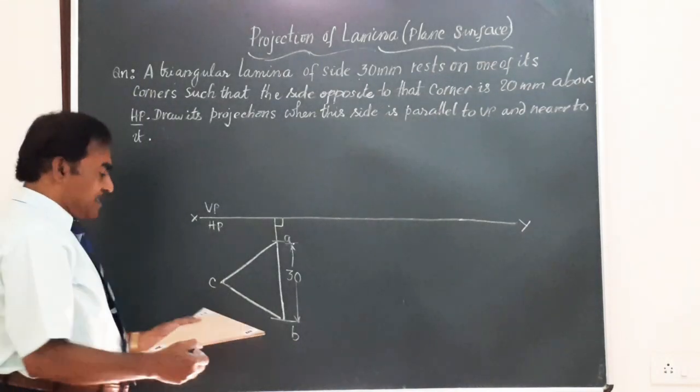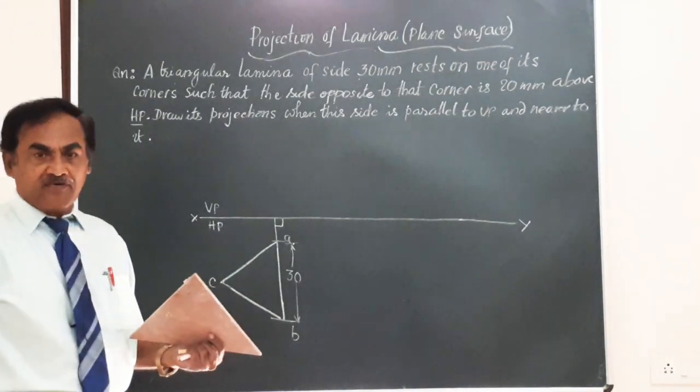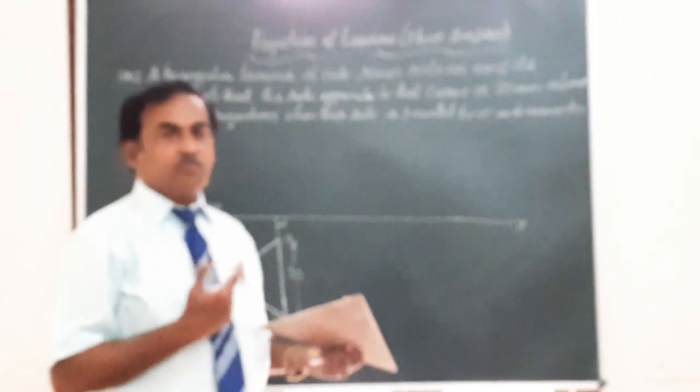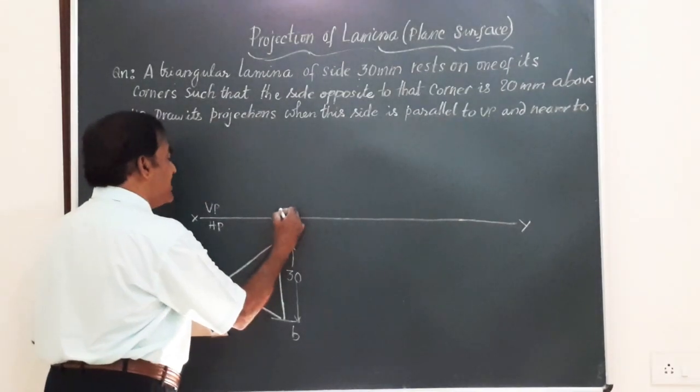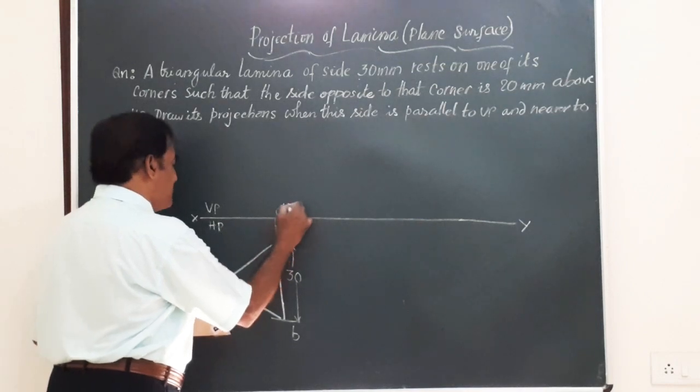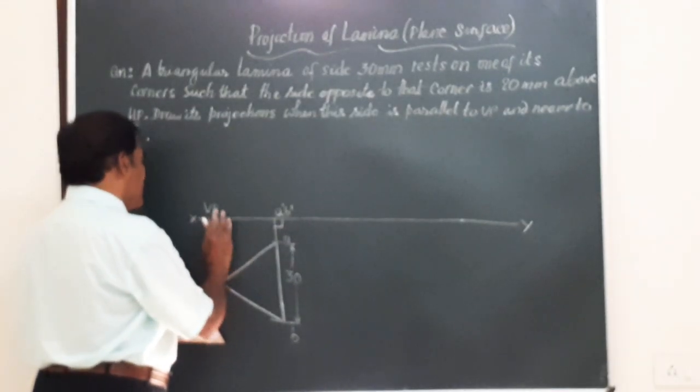So, ABC is an equilateral triangle or lamina of side 30 mm which is placed on HP such that the corner C is to your left, and as I told you before, the side opposite to that is AB, that AB is normal to VP and the corner C is to your left, and obtain the corresponding front view, a line on XY. So, I can mark this point as A dash B dash and this as C dash.